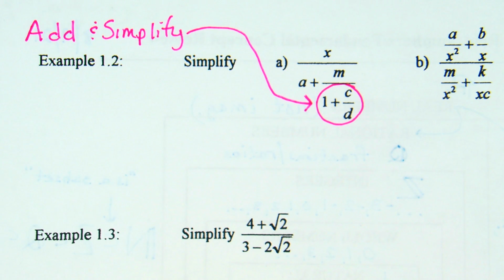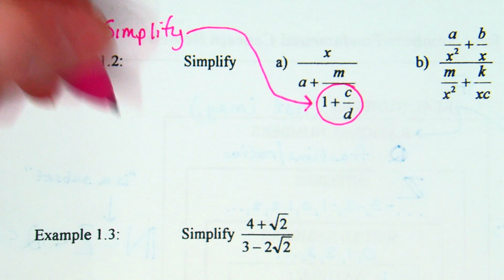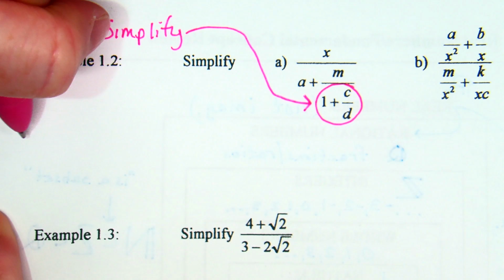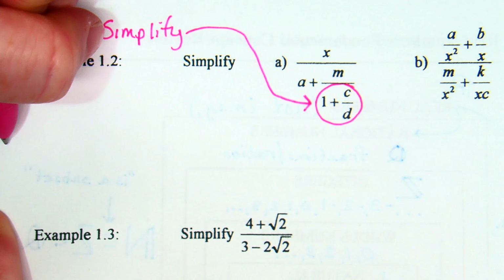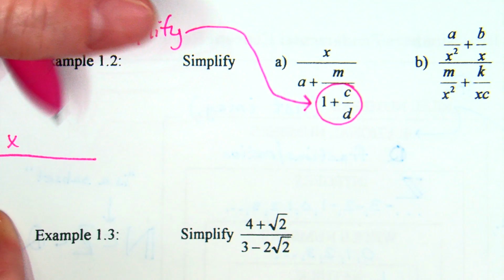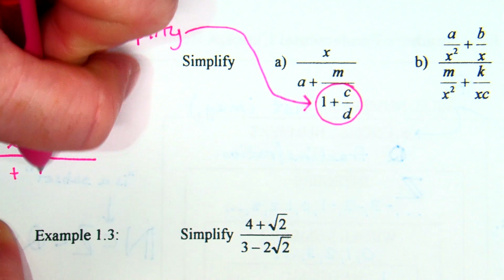So what I'm going to say is that I'm going to come over here, and we have X on top, right? Over, we have A plus M over, what am I replacing 1 plus C over D with?